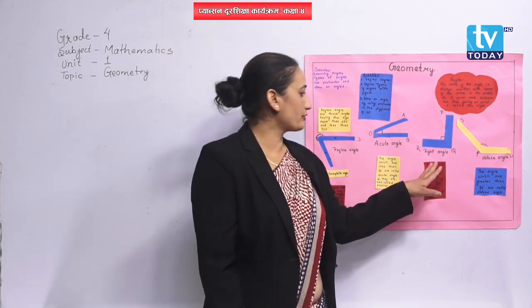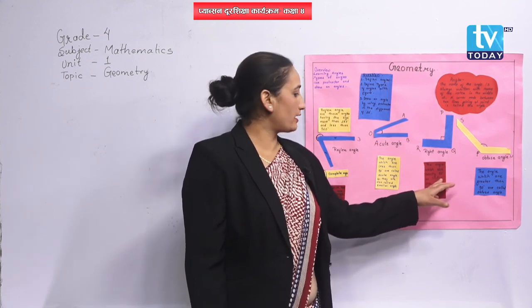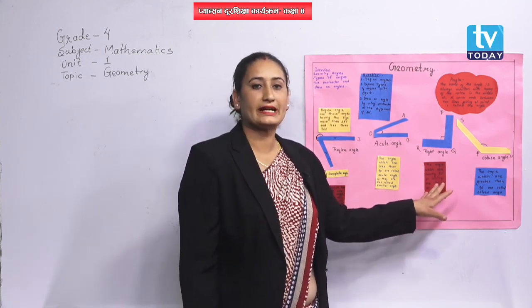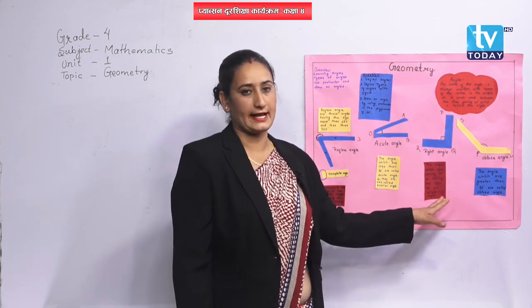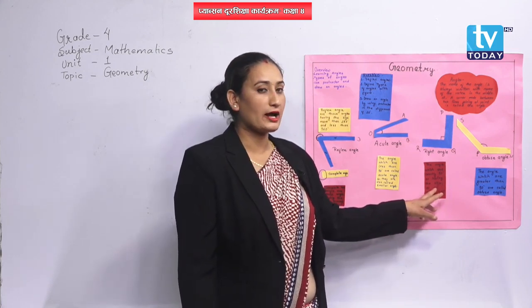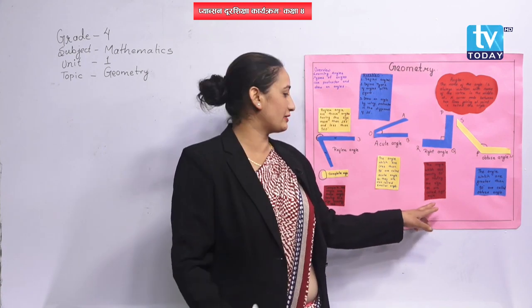Now second is the right angle. The angles which are exactly 90 degrees, having the size exactly 90 degrees, okay?